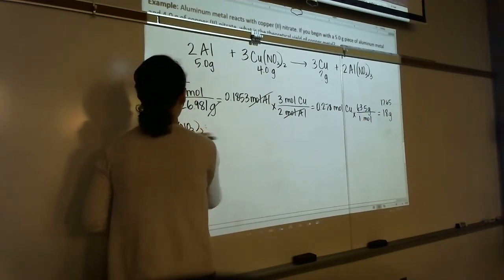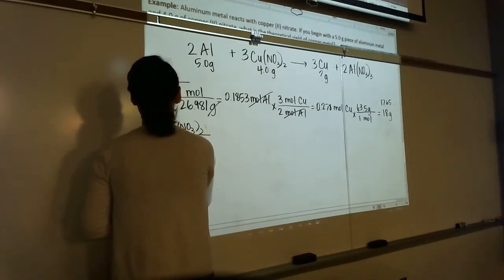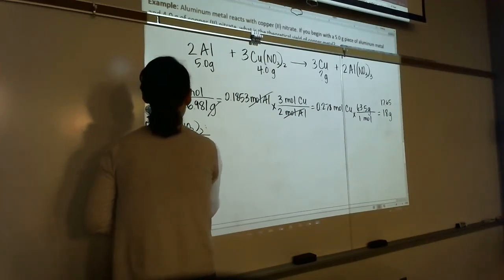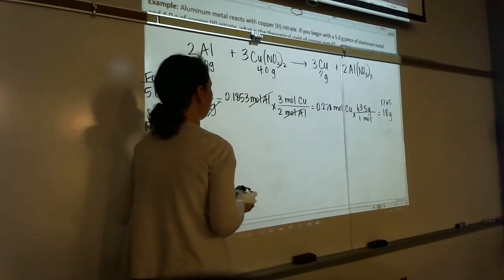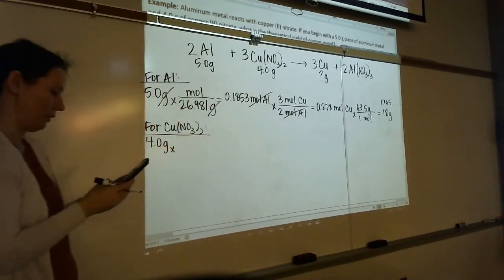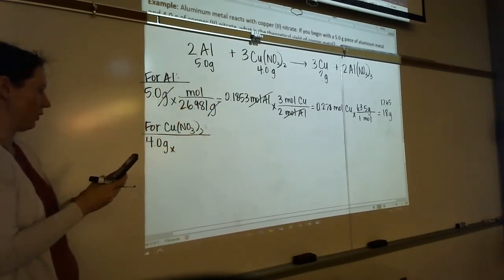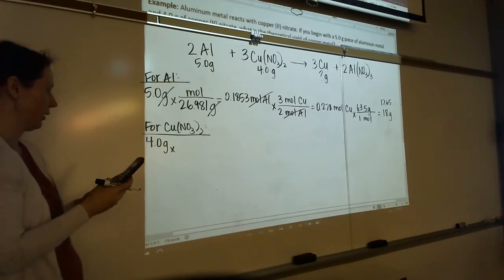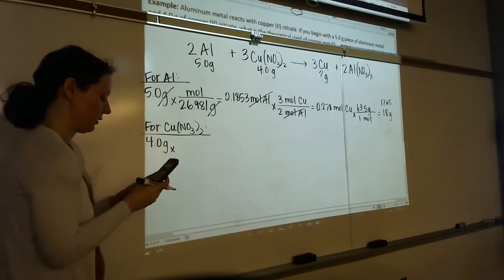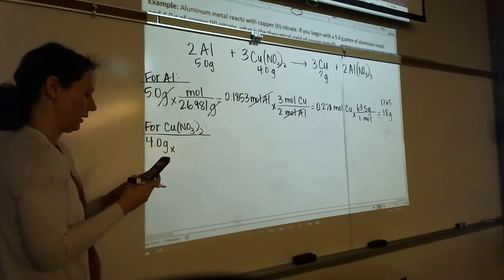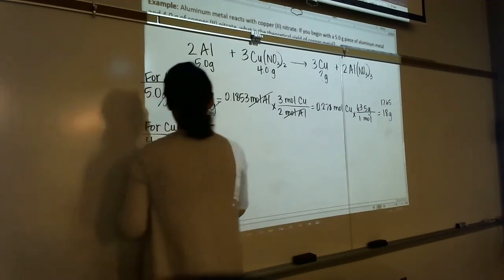Let's do this again. So we start with 4 grams. All right, molar mass of copper 2 nitrate. Let's see, we've got 64 plus 28 plus 63.5. 155.5.